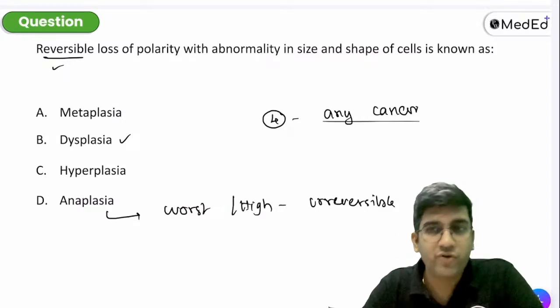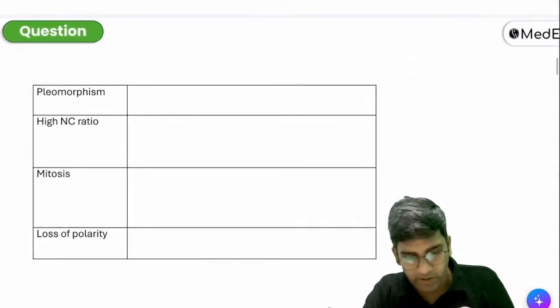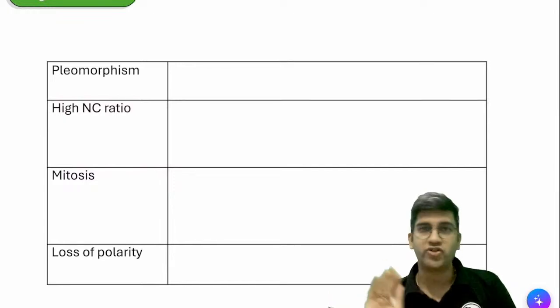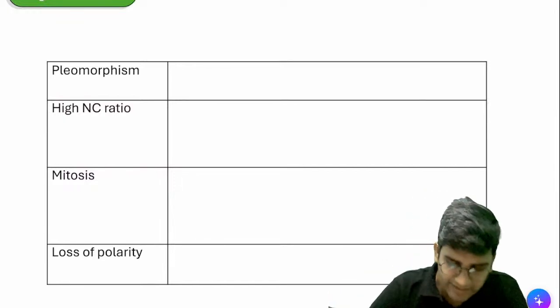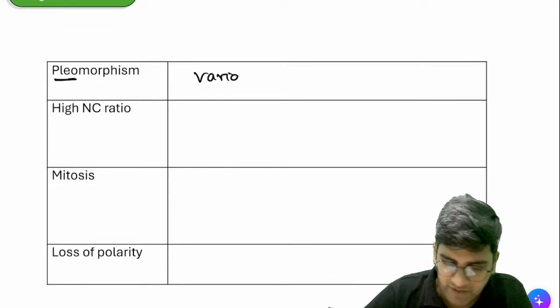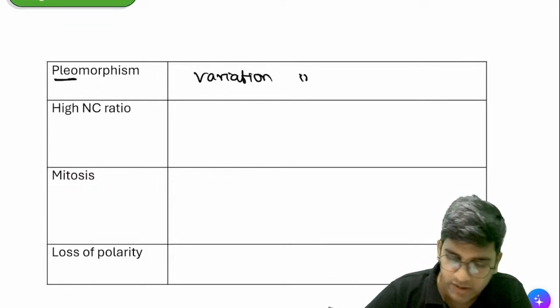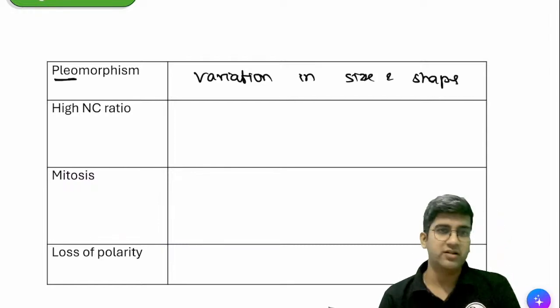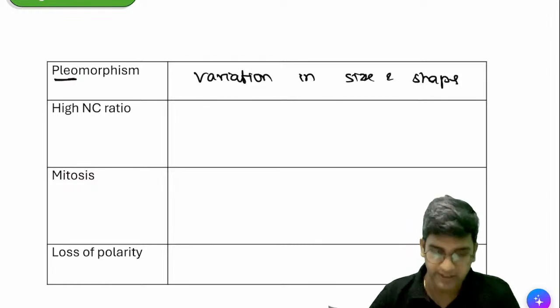Now, these are the four features which I want you to remember: pleomorphism, high NC ratio, mitosis, and loss of polarity. Pleomorphism, as the name says, multiple morphology, or in other words, variation in size and shape. The size and shape is abnormally varied. I call it a pleomorphic condition. High NC ratio, more nucleus to cytoplasm, right?